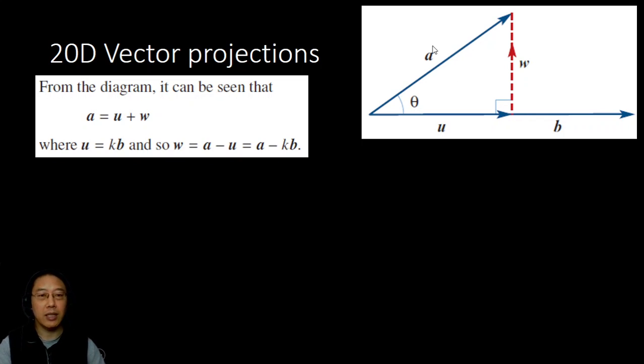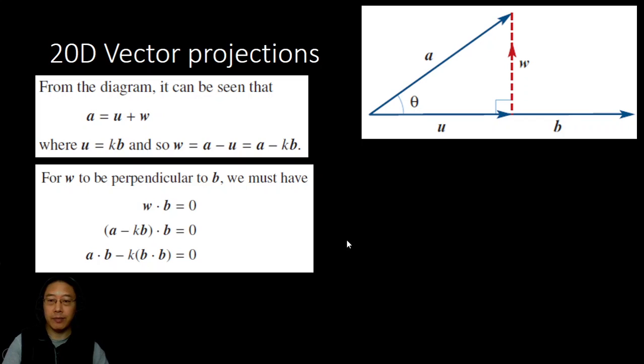Because it's a sum, if we make W the subject, it's a difference: A minus U, and it's vector A minus kB. So keep that in mind for the opposite vector, because this is what we're going to be using later on to find the second vector. Now we want to find first the vector U, which is the projection in the direction of B.